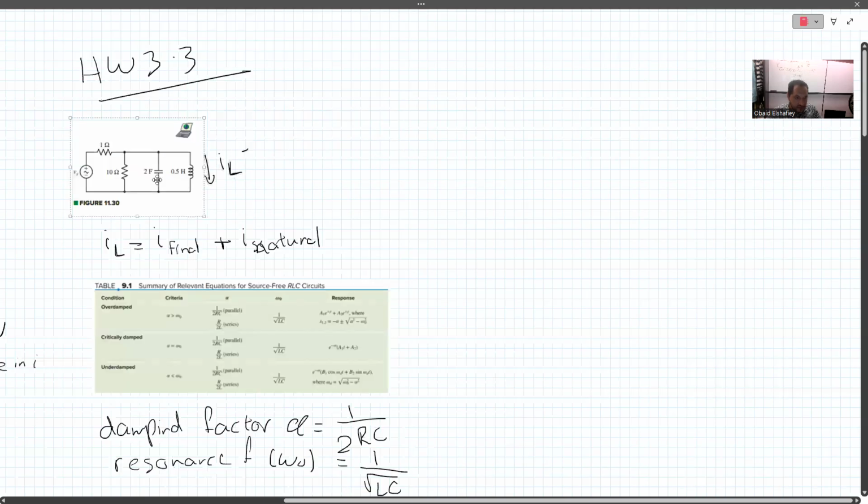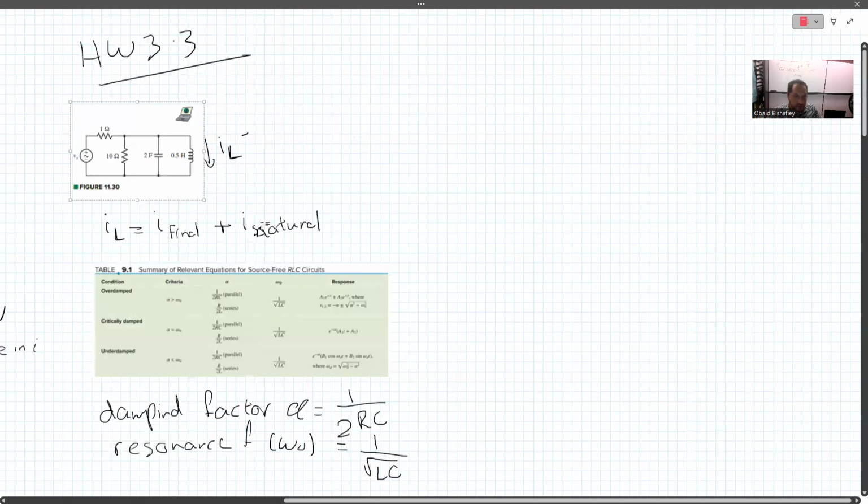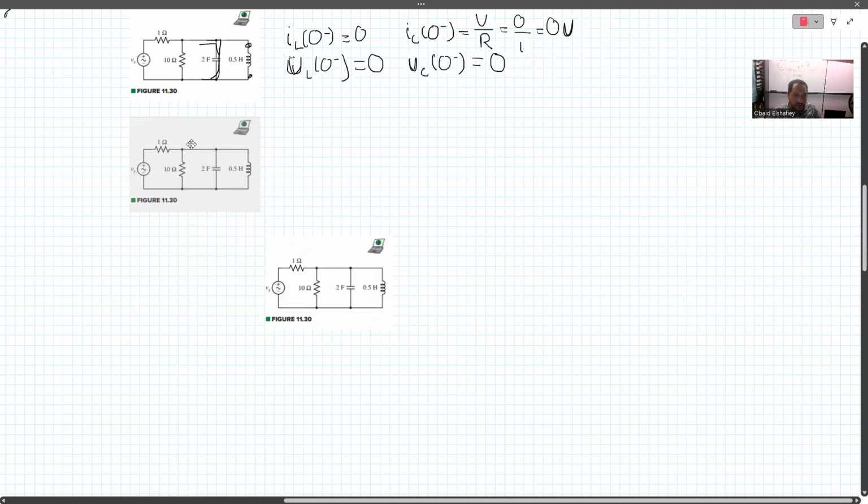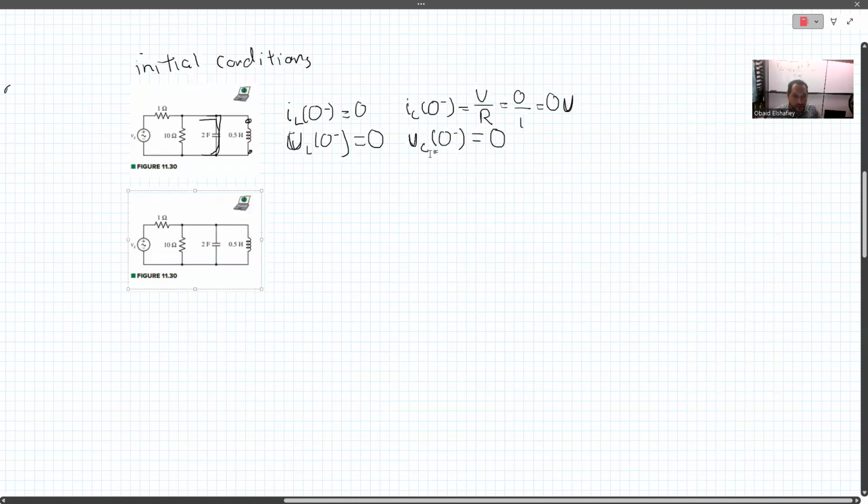Let's take the circuit and solve the final condition. Sometimes you don't need the final condition, but in this example, we found that we need more results. Since this is a DC voltage, the final condition will be fixed values.